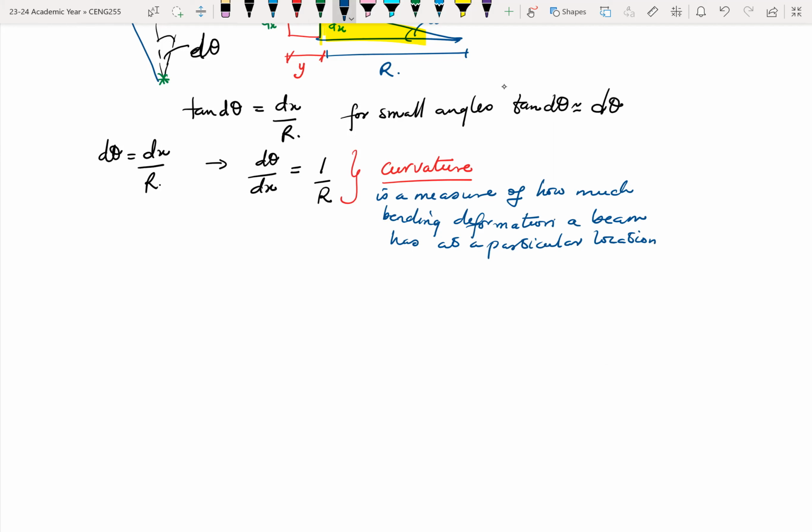So how much a beam can bend, right? The more the curvature, the more the beam can bend. And anytime a beam bends, deformation is occurring at that particular point.